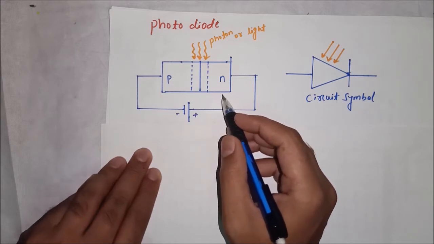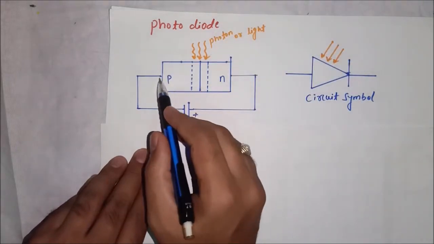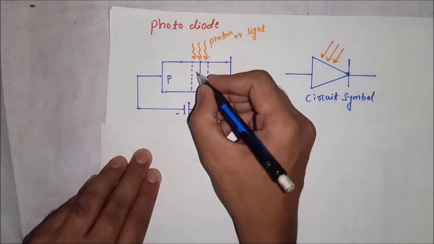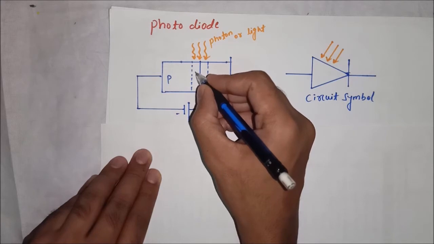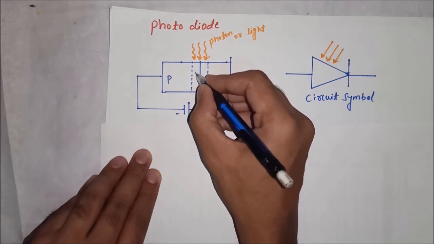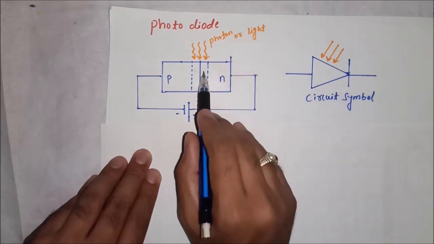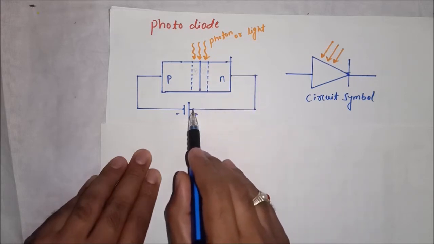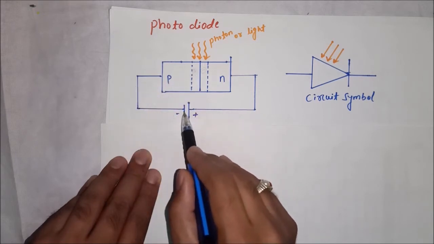Now, when the light is falling on this particular diode, what happens? There is a generation of holes and electrons in it. And these electrons produced, they will be attracted towards the positive terminal of the battery, and these holes are attracted towards the negative potential of the battery.